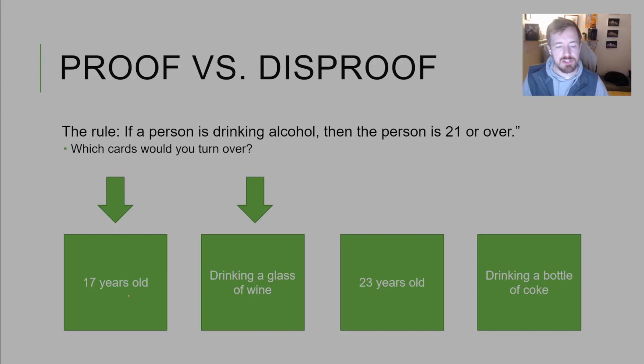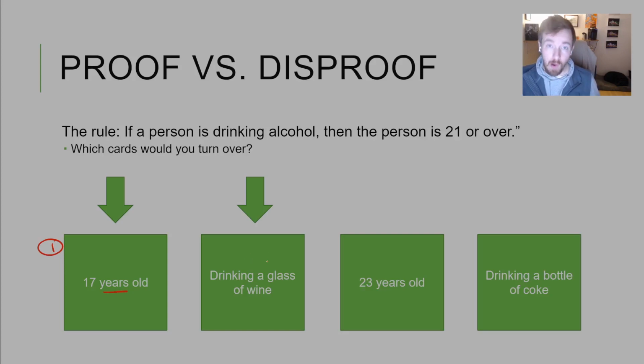We would want to definitely flip over this one. Why? Because if we flip over this 17-year-old one and it says that they're drinking wine or beer or whatever, then that disproves our rule here, that basically they were drinking alcohol and they were not 21 years or over. So this would be one of the ones that we would absolutely want to flip over.